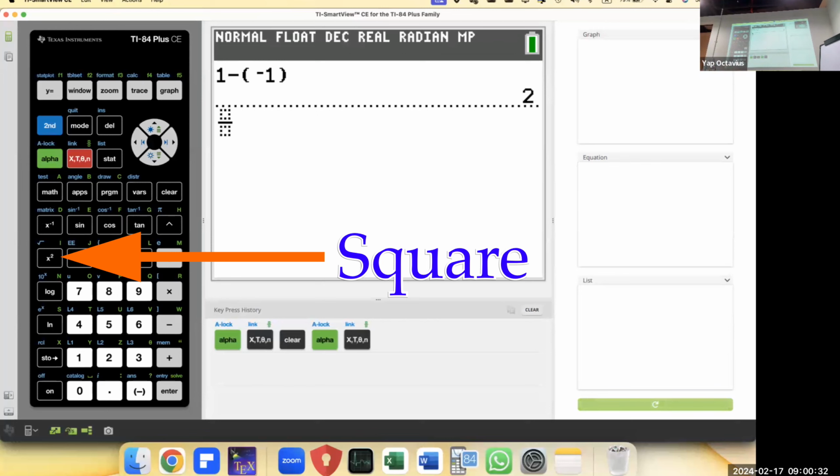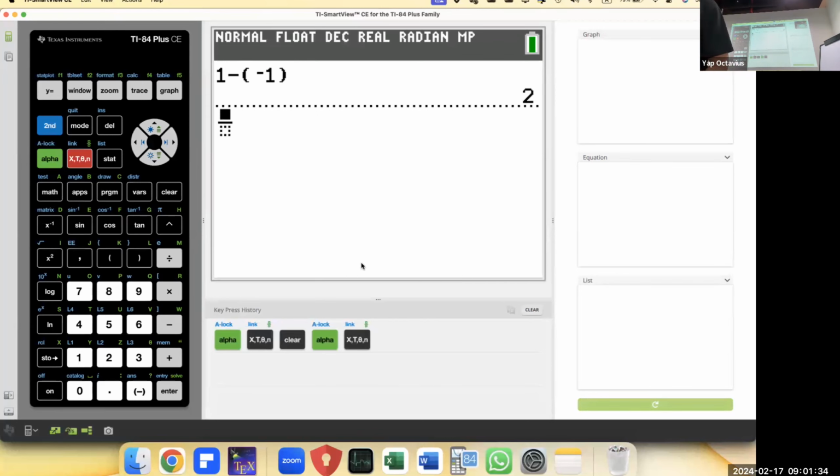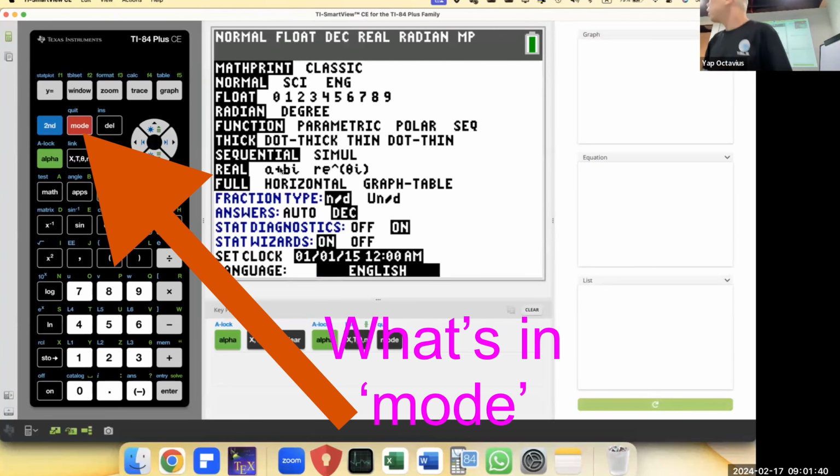Now, apart from the square part, that's square. Let's go to your mode. Now, if you go to your mode, you have a lot of things there. So we are in math print normal. Float is the number of decimal. Now, these two important, radian and degree, because we work primarily in radian.